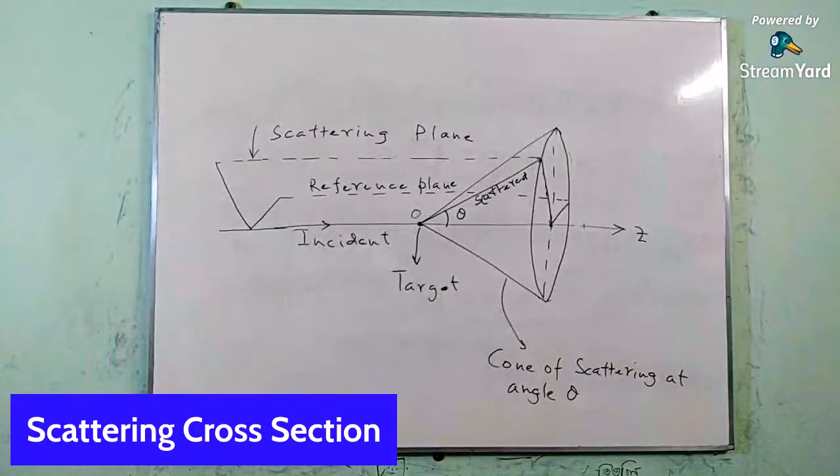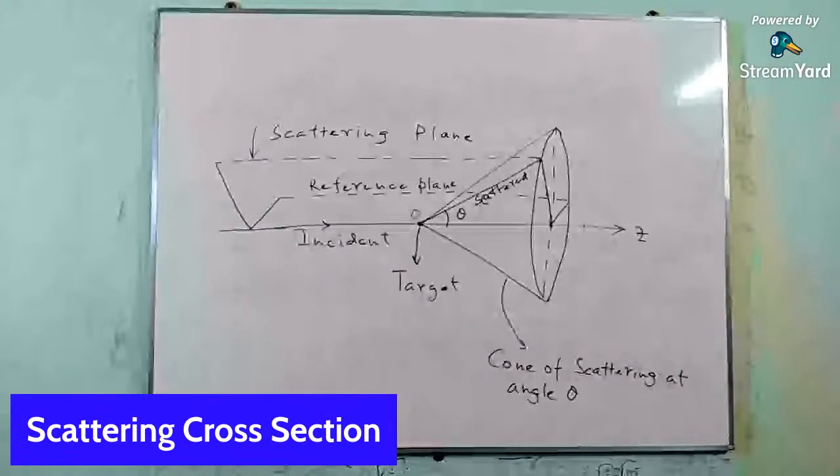Now, since the scattering is assumed to be elastic, psi sc must have the same propagation constant k, which we have used for the incident wave function psi inc in equation 3, psi inc equals e to the power i k z.